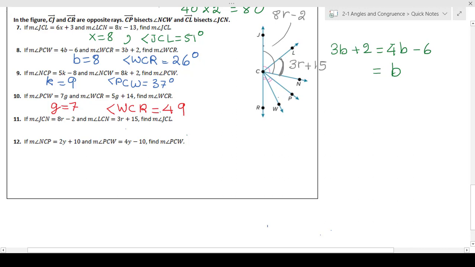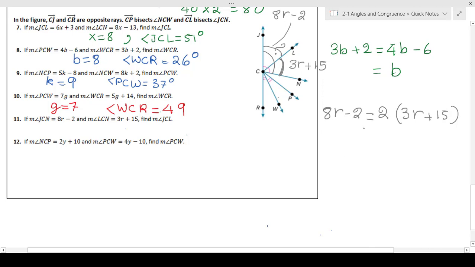He wants this one. Okay. Then the whole one, which is 8R minus 2, is equal to twice the 3R plus 15, as they are bisected and they are equal.